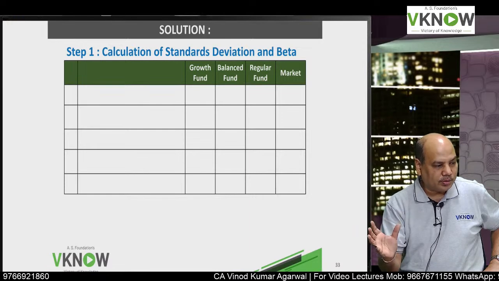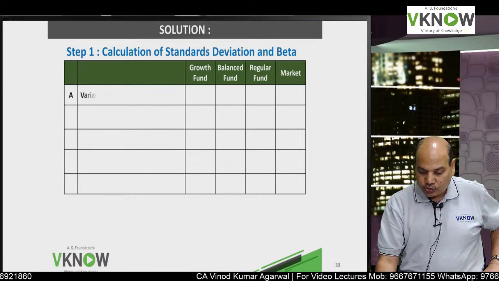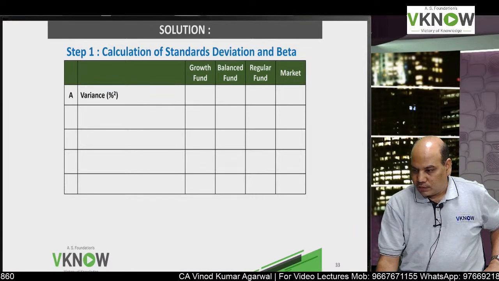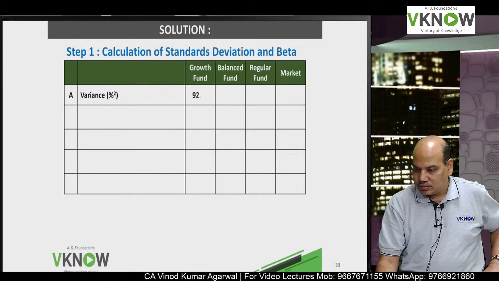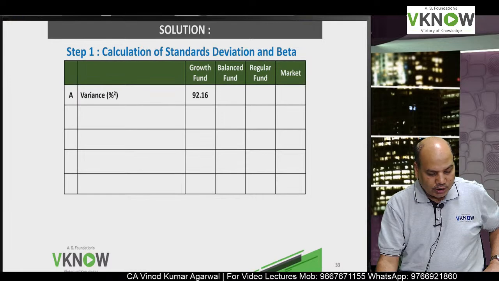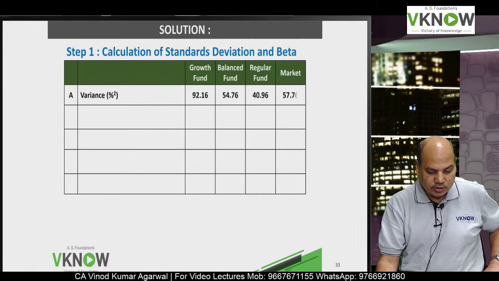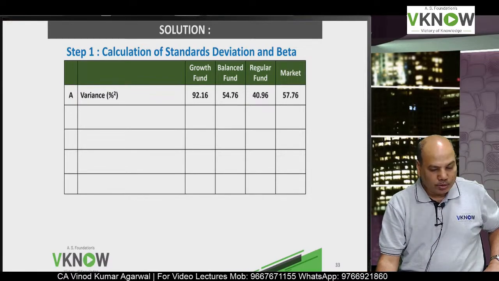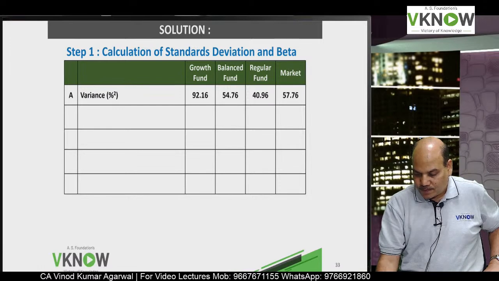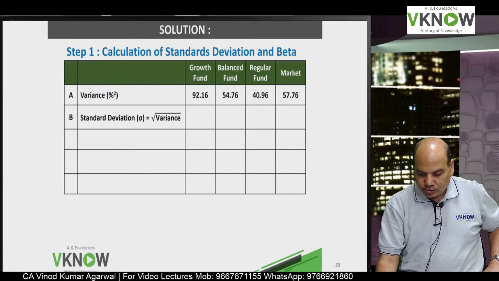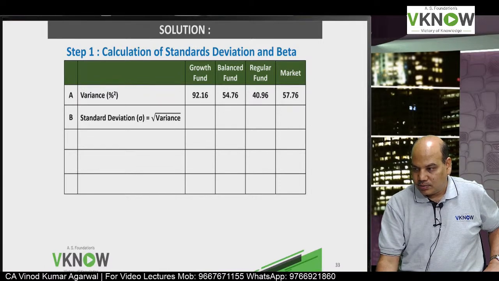Presentation is equally important. This you will learn when you solve with me. Given variance in the question: 92.16, 54.76, 40.96 and 57.76. Standard deviation, write down sigma.